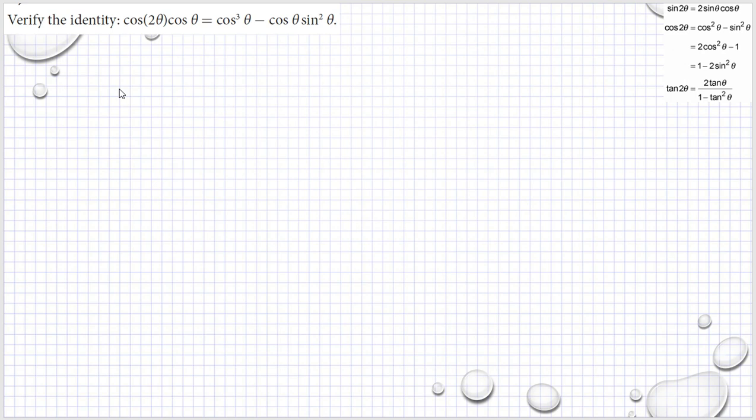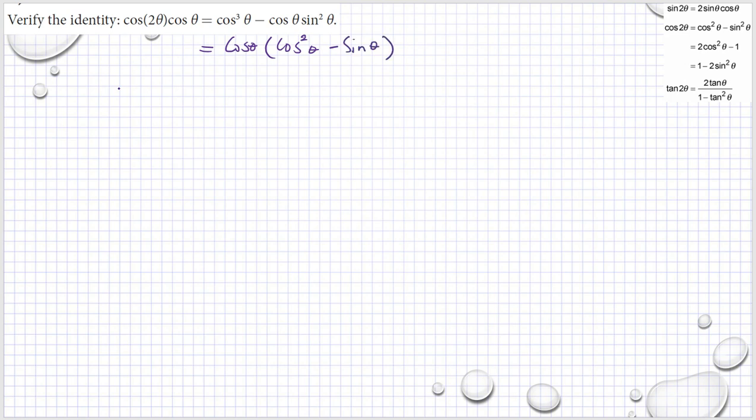Verify the identity: cosine 2 theta times cosine theta is equal to cosine cubed theta minus cosine theta sine squared theta. As we can see, we can factor out cosine theta, and we have cosine squared theta minus sine squared theta.